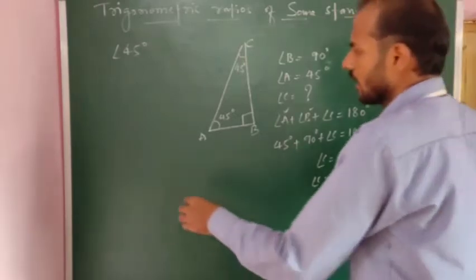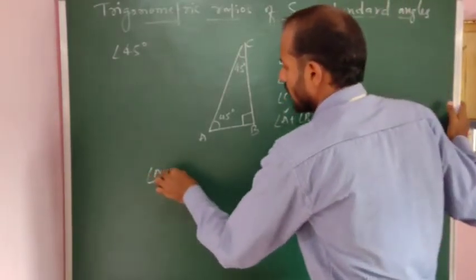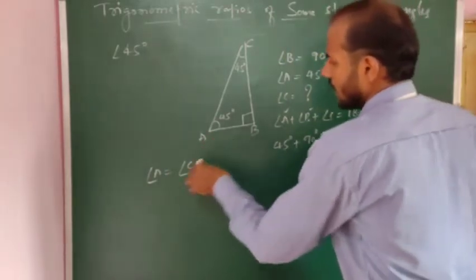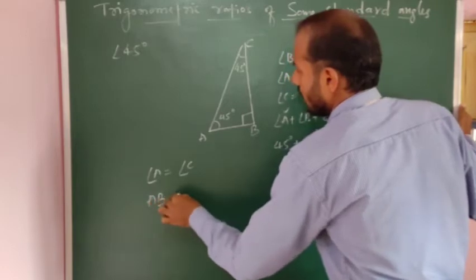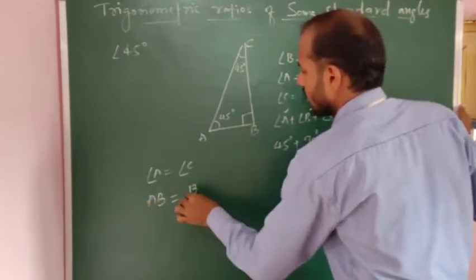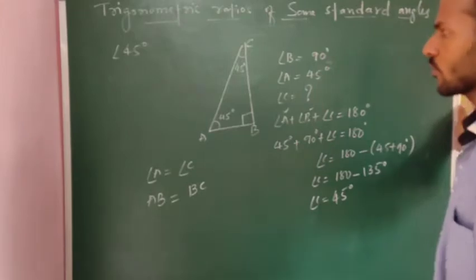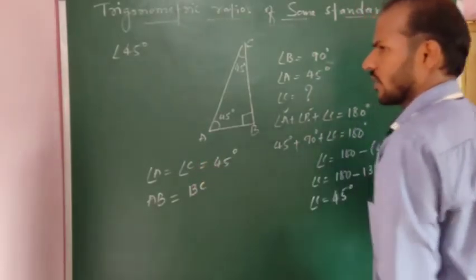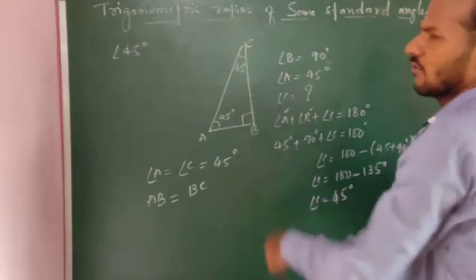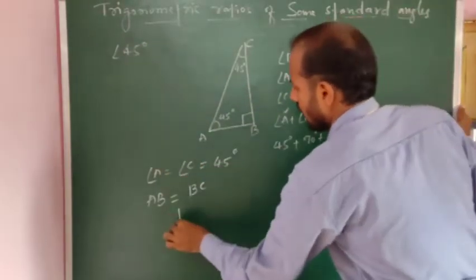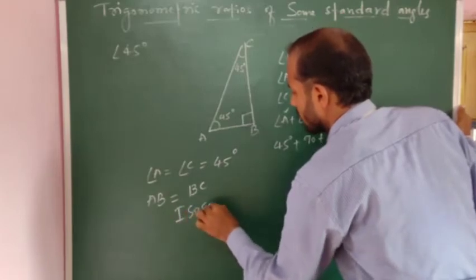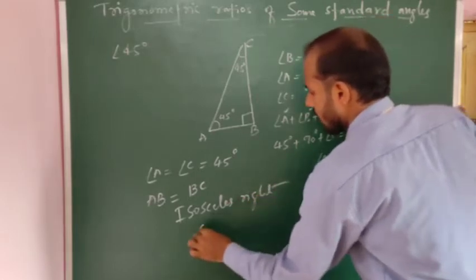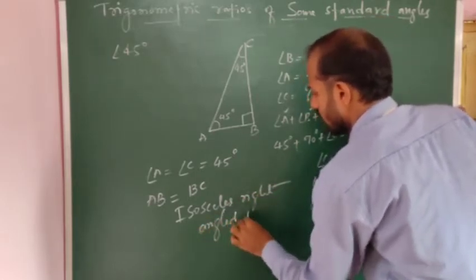When angle A equals angle C, or you can say AB equals BC, angle A equals angle C, which is 45 degree, then this type of triangle we call an isosceles right angled triangle.